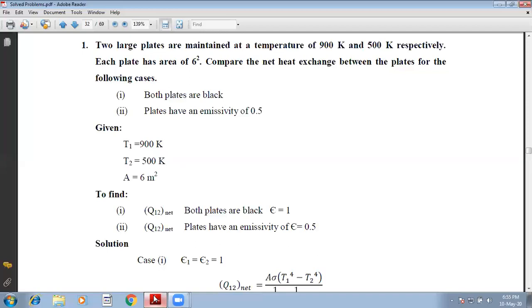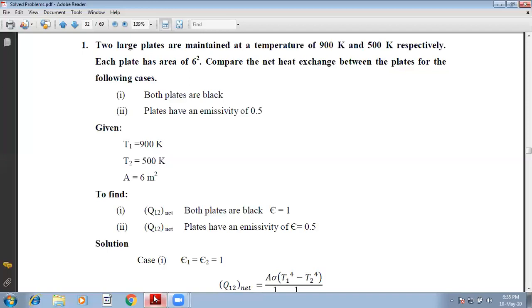It states the product of maximum wavelength and the temperature is constant, and that constant is around 2900 micrometer Kelvin. So you know the famous equation, lambda max into T is equal to 2900 micrometer Kelvin. Sometimes this equation can be used in order to know the temperature for a given wavelength.